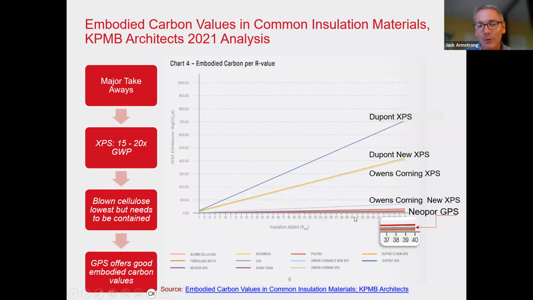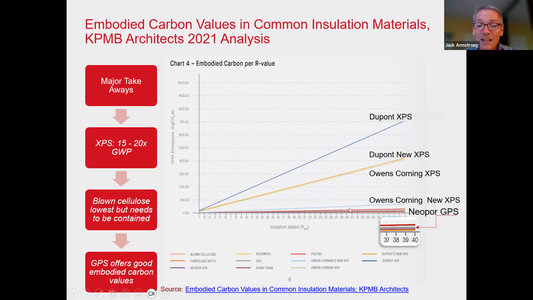So let's say, for example, we want to have an R value on the horizontal x-axis here of R value of 30 in imperial units here, not metric units. So how much carbon would it take in the various forms of rigid board stock insulation to do R30?